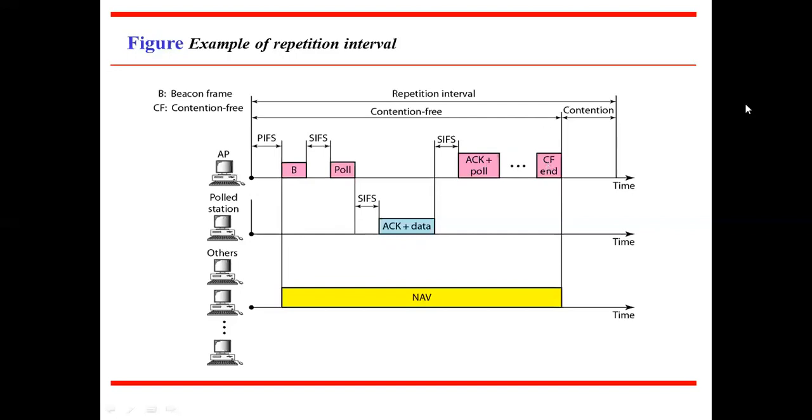All of this is controlled through the NAV. This total interval is known as the repetition interval. This part is contention free, and this part is contention based.